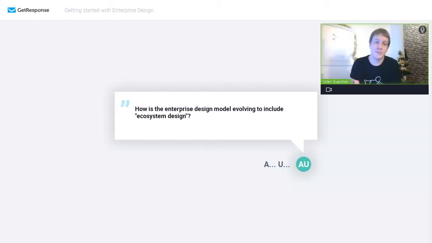How is the enterprise design model evolving to include ecosystem design? This is a very good question. So we look here at the enterprise and its environment as the scope of this kind of design. What that means is we sometimes need to zoom out and zoom in.